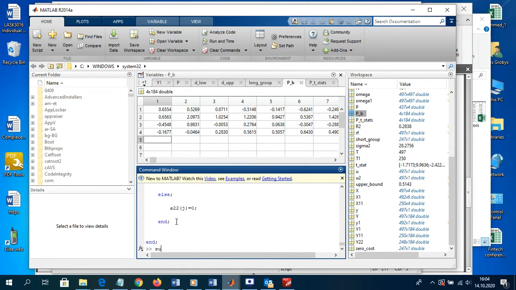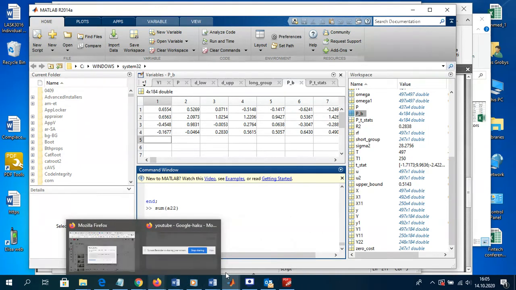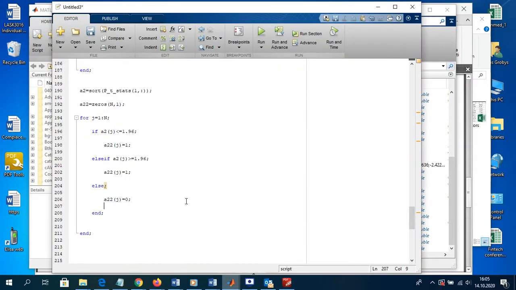Now let's take the sum of our vector A22, and this is obviously not true. So we have to check where it has gone wrong. Obviously, here we have to write minus: if element j in the vector A2 is smaller or equal to minus 1.96.